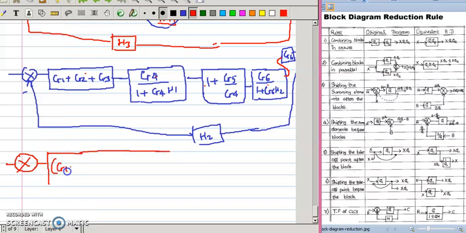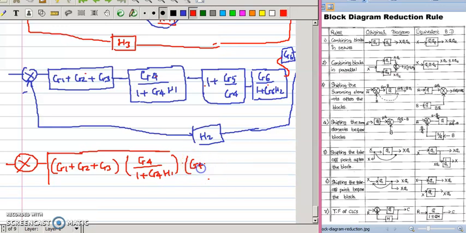So first G1 plus G2 plus G3 as it is, G4 divided by 1 plus G4 H1 as it is, into 1 plus G5 upon G4. Or can we put it like this? Just take cross multiplication.